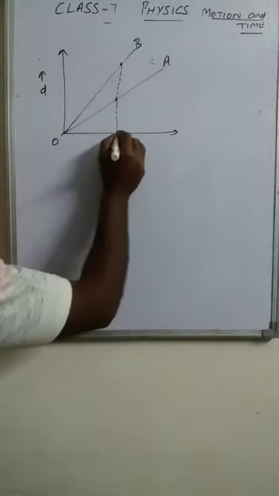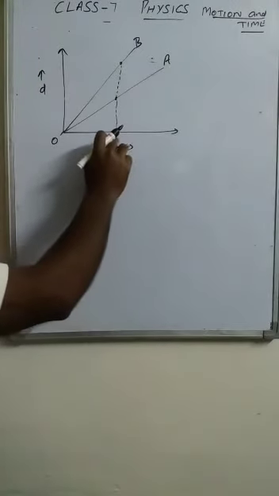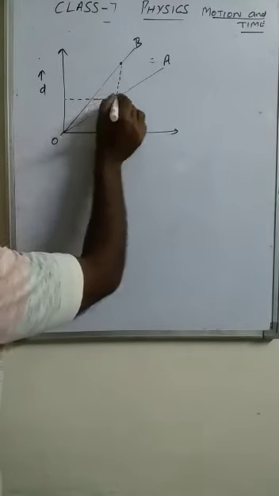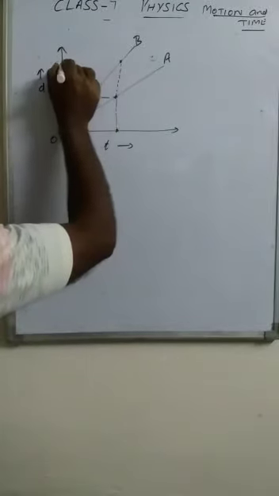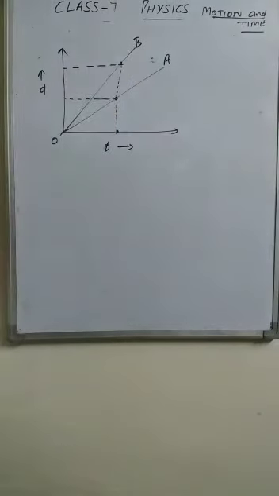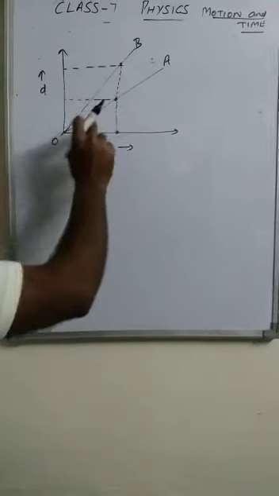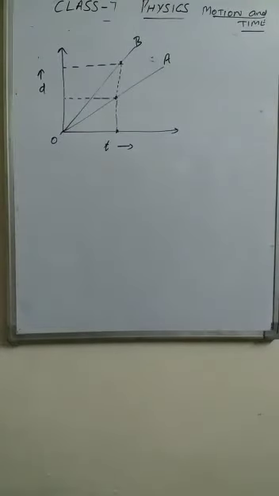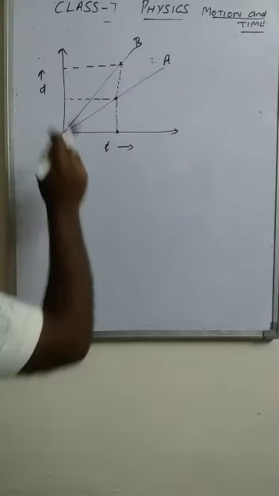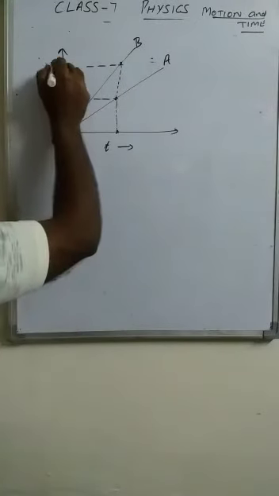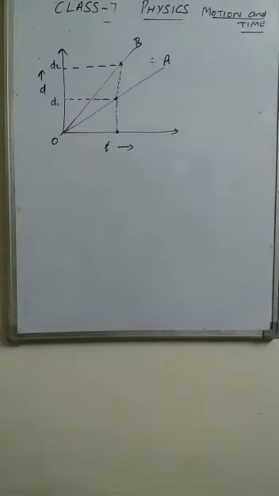It means at the same time, suppose it is 10 seconds, car A covers this much distance and car B covers this much distance. So at the same time, different cars cover different distances. Suppose the distance covered by A is taken as D1, and by B as D2.